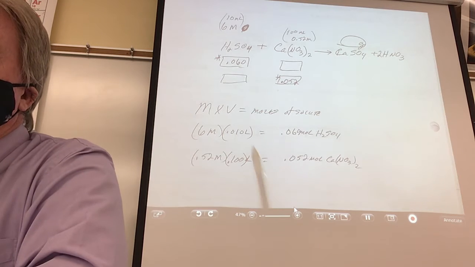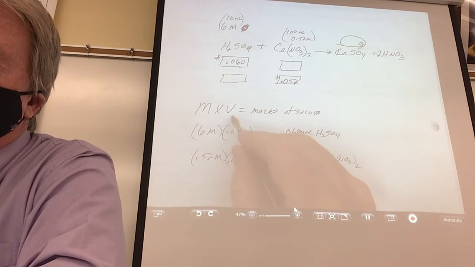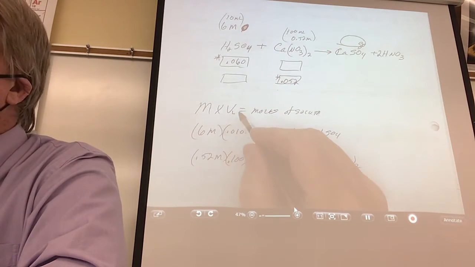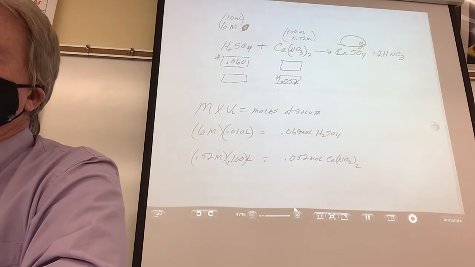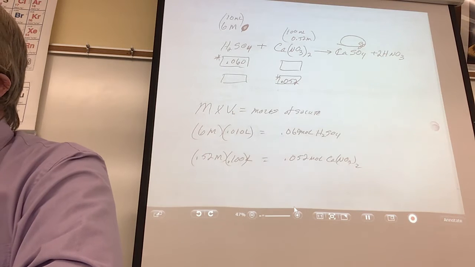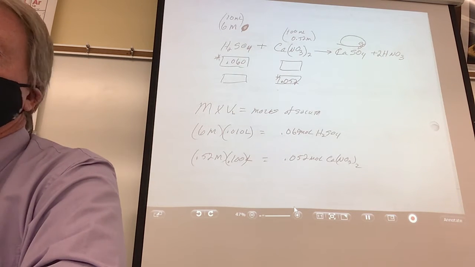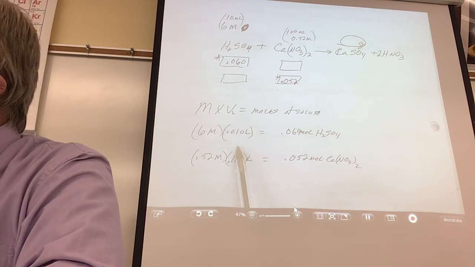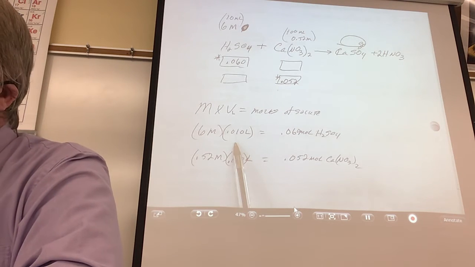So this is the one time you have to change it to liters, okay? Because molarity is moles per liter, and this has got to be in liters to give you moles. So this is the one time you have to change it to liters. So I think I did it in my head. Is that correct? Is that where I get that? Is that what you got?